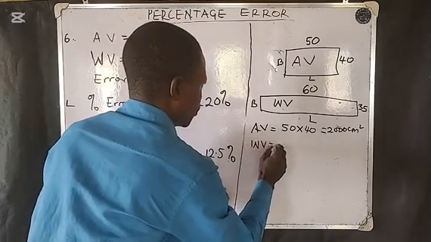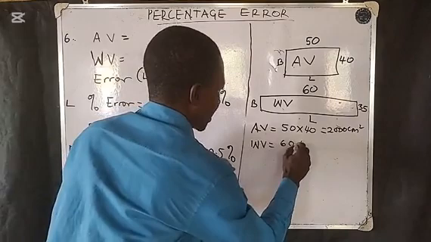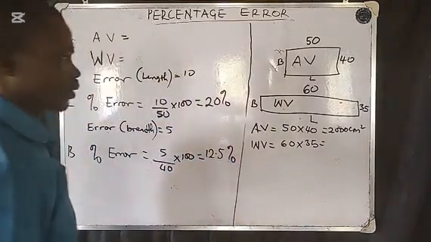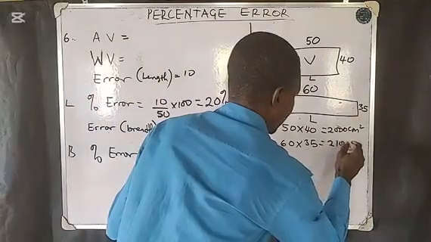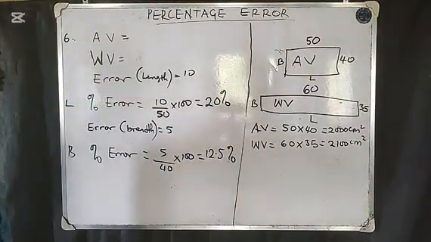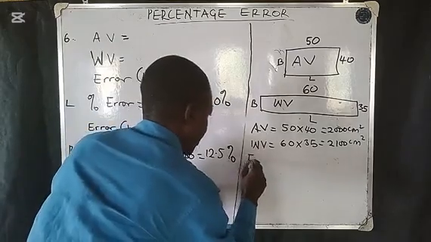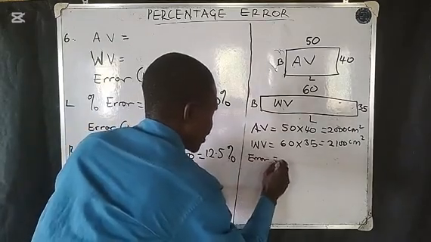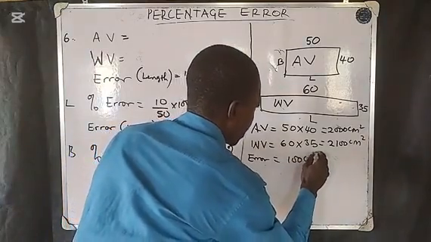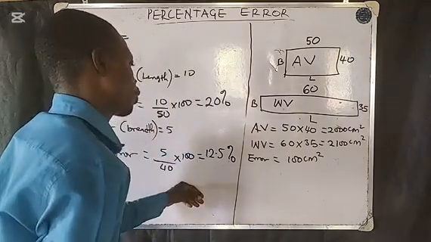Then area of the wrong measurement. Area of the wrong measurement will be 60 times 35. That will give us what? 2,100 centimeter squared. So that means the area of the wrong measurement is the bigger one, right? So what is the error? Let's find the error. The error will give us 100 centimeter squared.